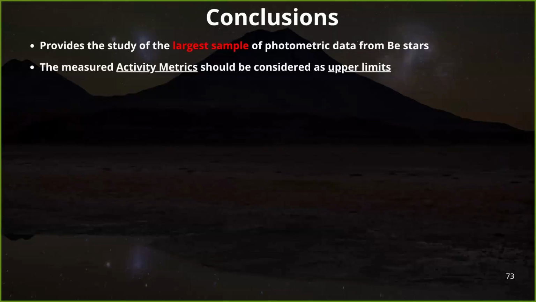Our activity metrics should be taken as upper limits, since our sample is biased toward the most active B stars. So those quantities should be treated as upper limits.